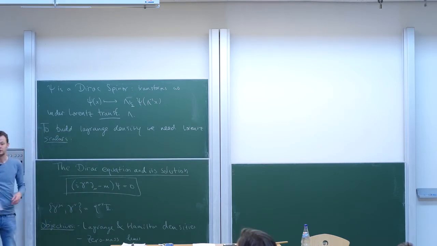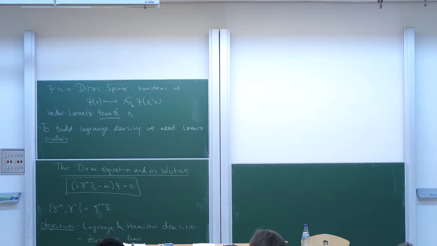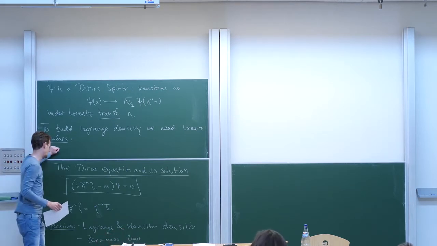Using these Lorentz scalars, we'll then try to build a Lagrange density such that when you apply the Euler-Lagrange equations to it, you get back the Dirac equation. So that's objective 1 for today.